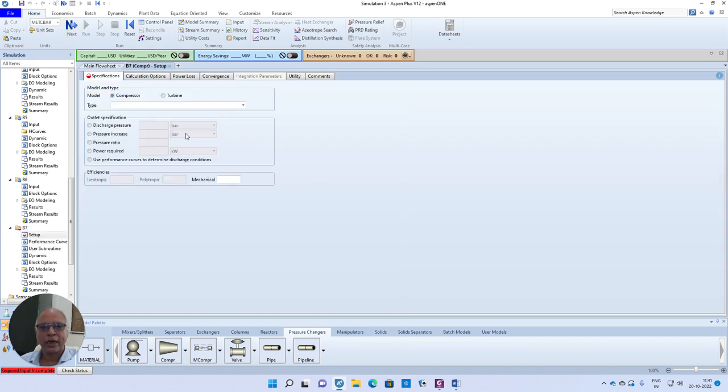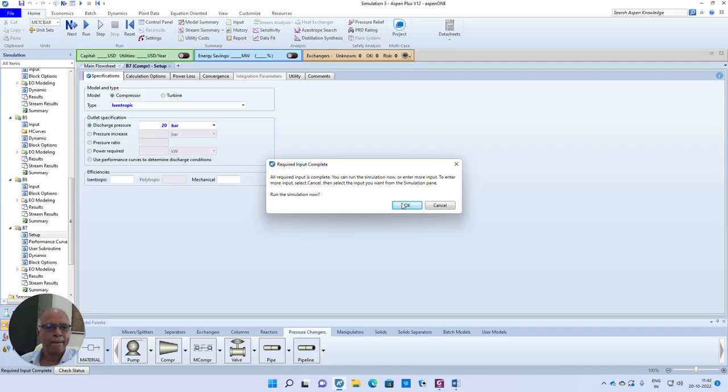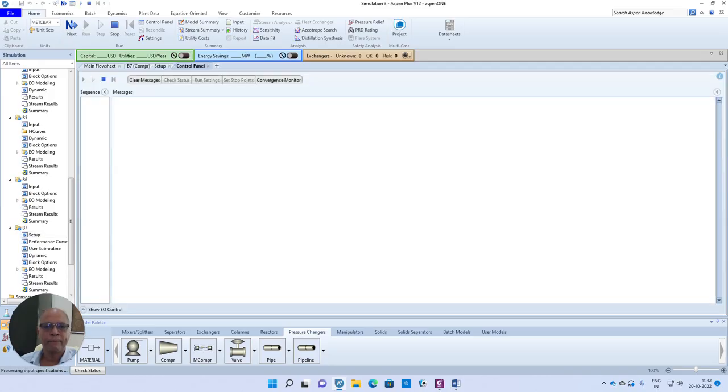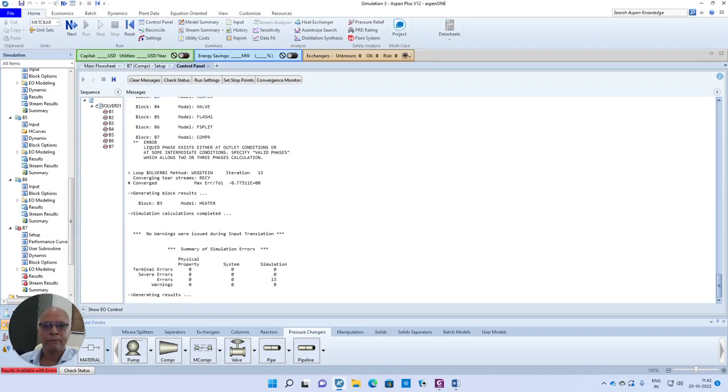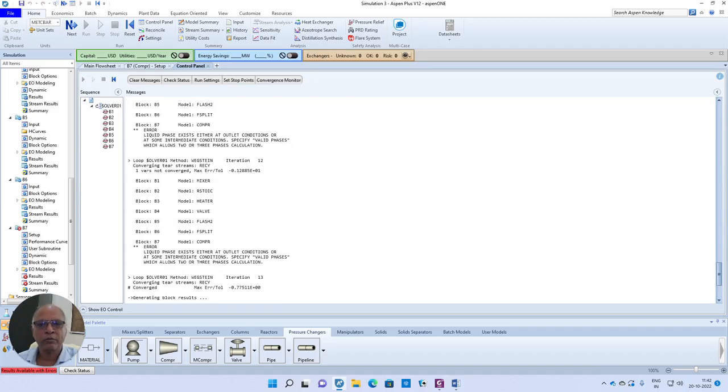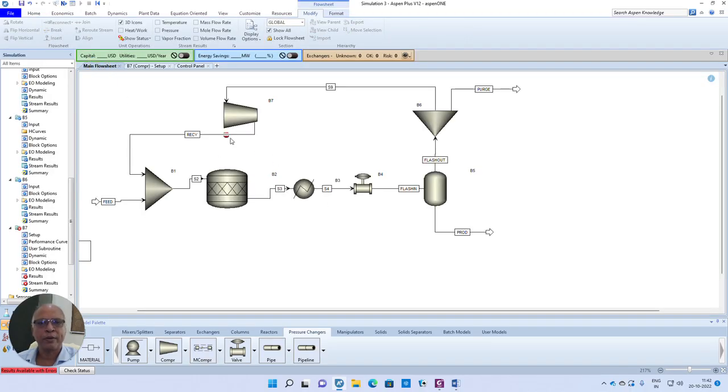Next input step, compressor. We want it to compress back to the original pressure of 20 bar. So you can see all the required input is complete. So we should be able to run the problem. So there are some issues with respect to the compressor.